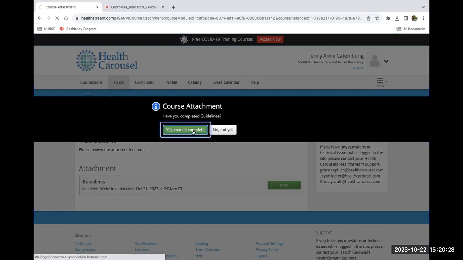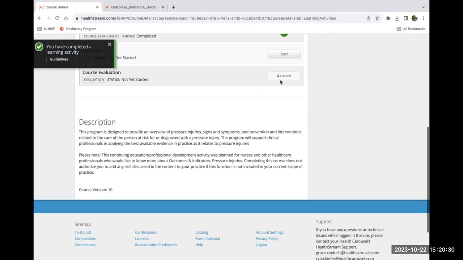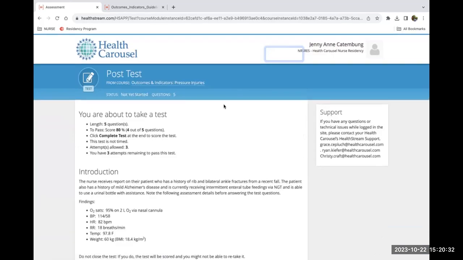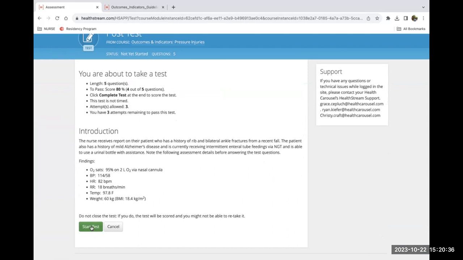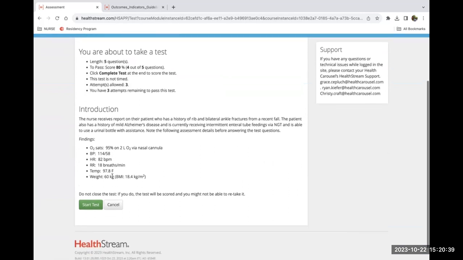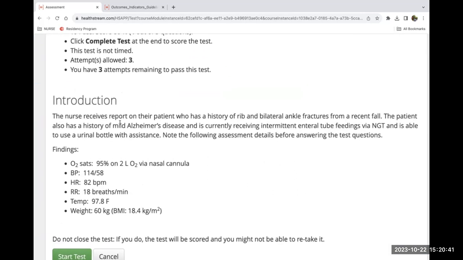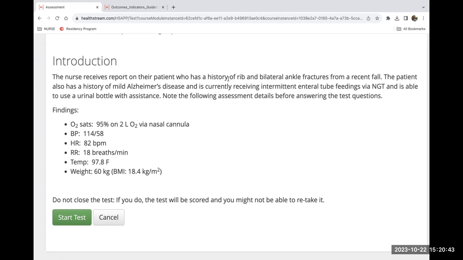Now let's take the post test. You have to get 84 out of 5 questions. The nurse receives a report on a patient with a history of rib and bilateral ankle fractures from a recent fall.